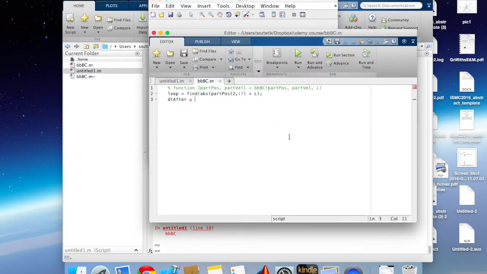So it is absolute particle position in y direction minus L. I only want the particles who breach the boundary, which is defined by loop, over particle velocity of the particles who breach the boundary. And you see here, I use dot to divide individual elements in the matrix.